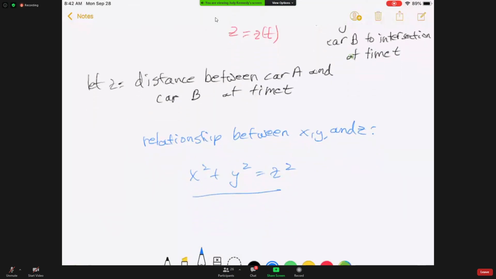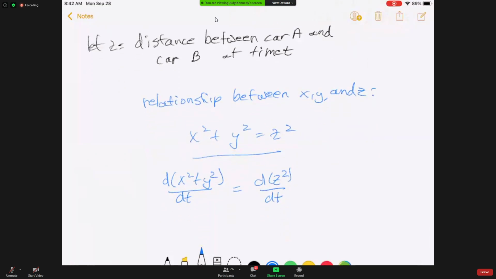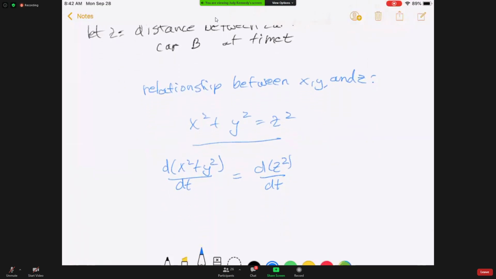Okay, so let's differentiate the left-hand side, and the right-hand side. I've got the sum of two functions on the left, so I can break it into the sum of the derivatives using my rules of differentiation.